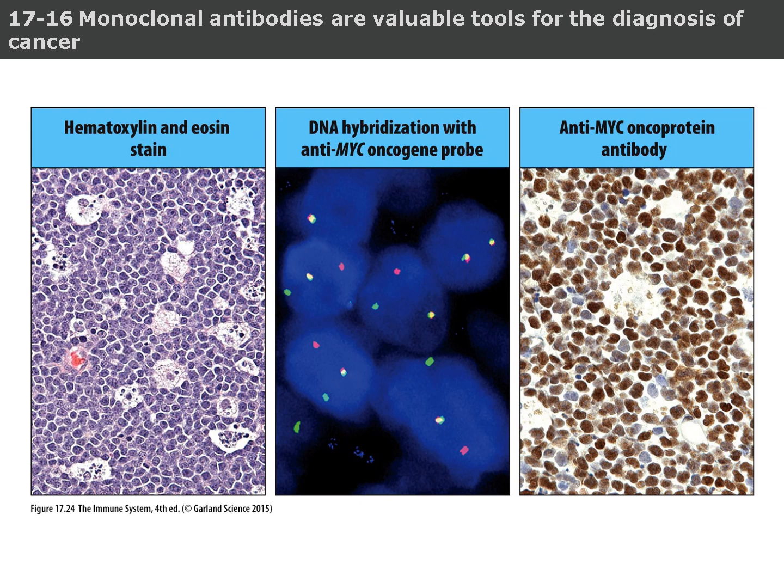Staining with an anti-MYC oncoprotein antibody identifies cells overexpressing the MYC protein, helping confirm oncogene activation at the protein level. Together, these tools provide precise diagnostic information to guide cancer classification and treatment decisions.